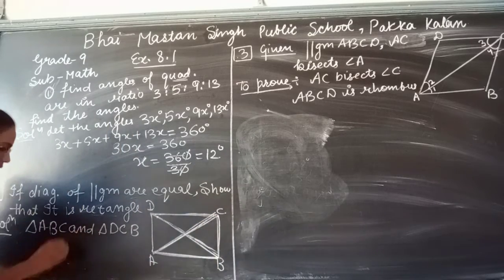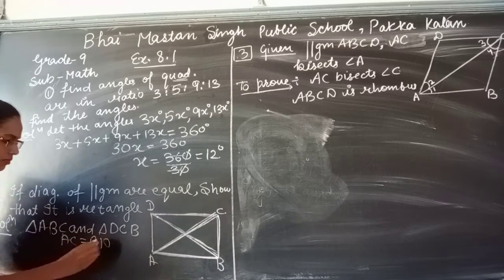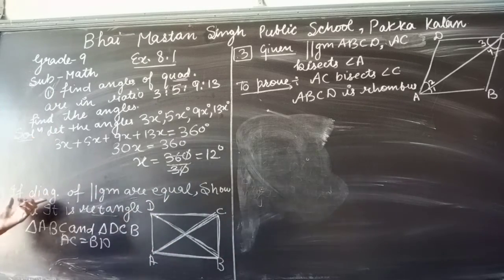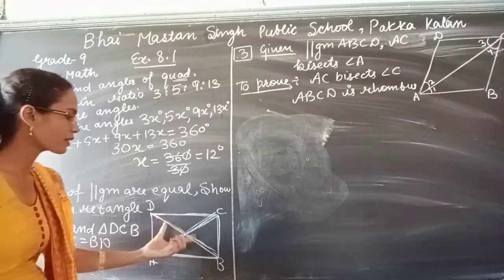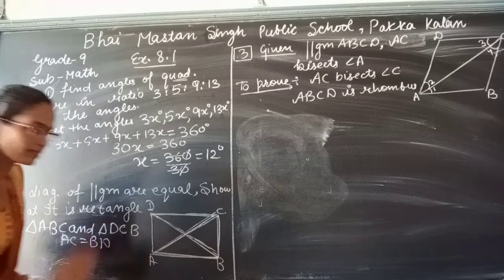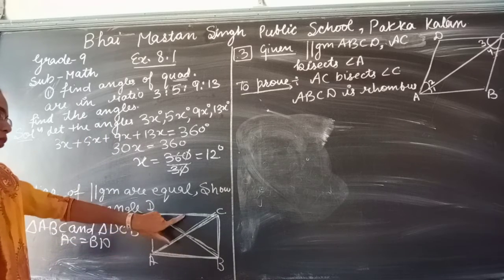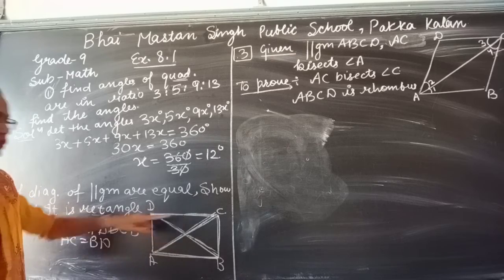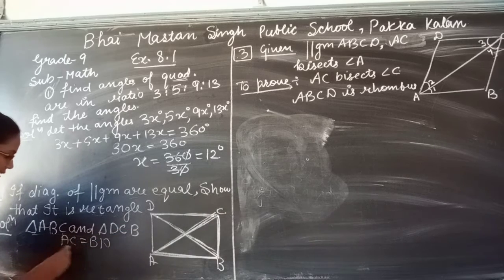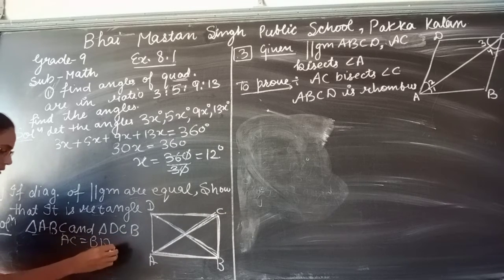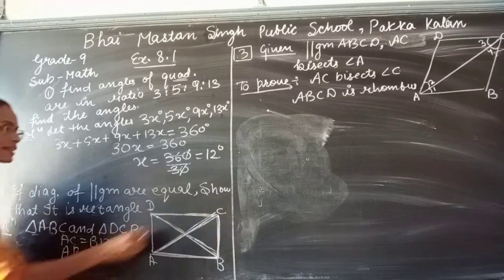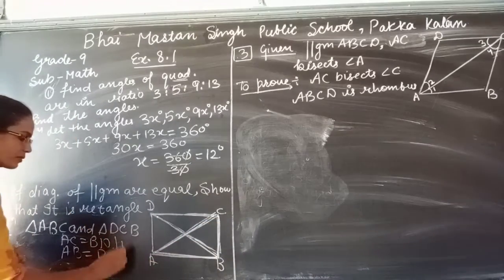This is a diagonal, and the diagonals are equal, which is given: the diagonals of the parallelogram are equal. And this side is equal to this side, because opposite sides are also equal, and this side is common. So you write AC is equal to BD, AB is equal to DC, and BC is equal to BC.